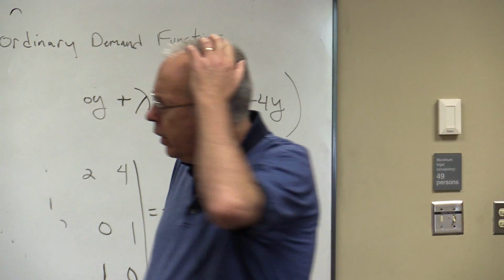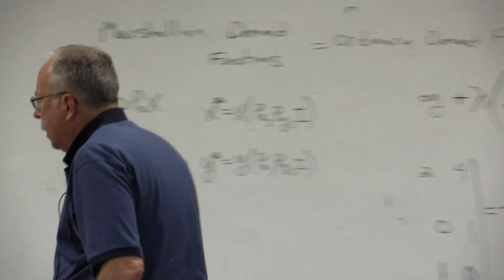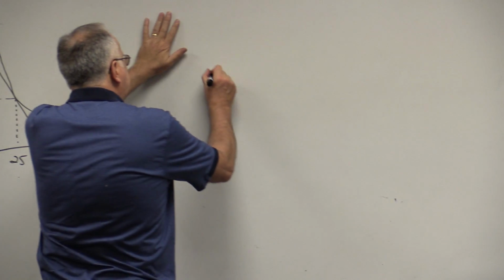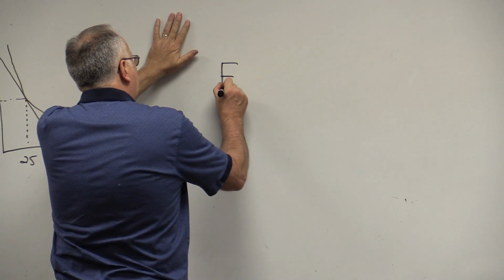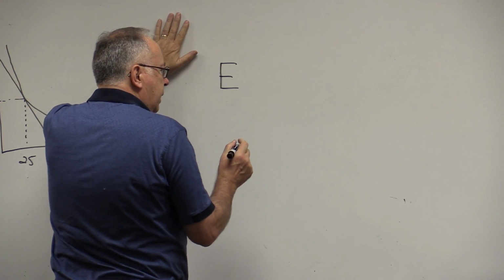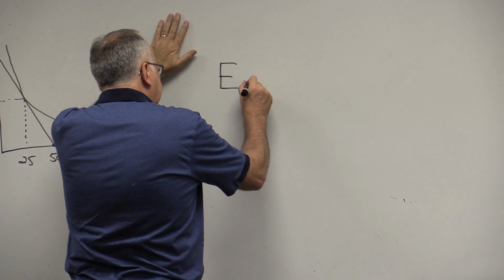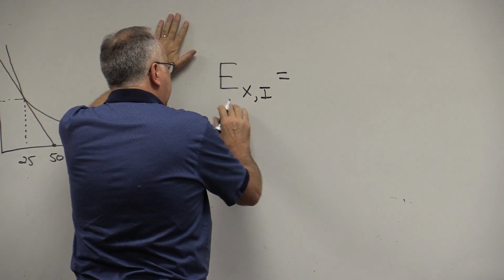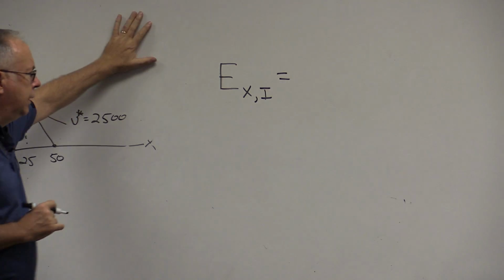You want to give me the formula? Yes. Let's go ahead. Let's let E stand for elasticity. I'll use a capital E. So it's E sub X comma I, the income elasticity demand for good X.